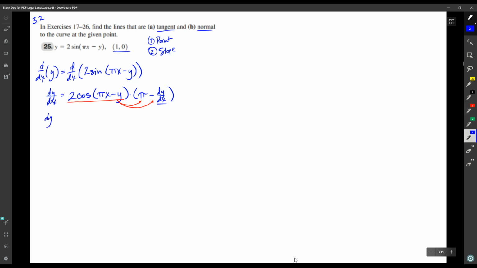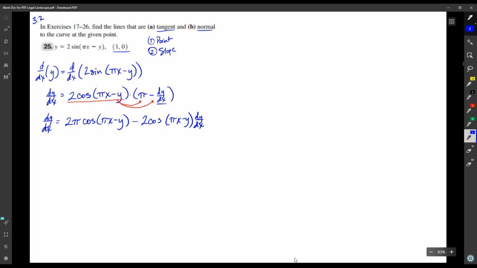So let's get to it. Dy dx on the left is now equal to, we've got the 2 cosine of pi x minus y multiplied by pi. So I'm going to call that 2 pi cosine of pi x minus y. Next, we've got the 2 cosine of pi x minus y multiplied by the negative dy dx. So I'm going to call that minus 2 cosine of pi x minus y times the dy dx term.